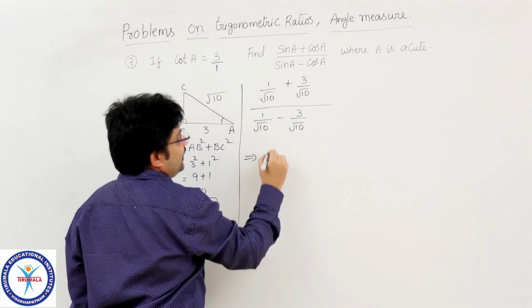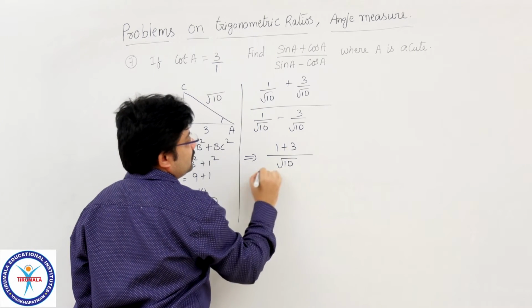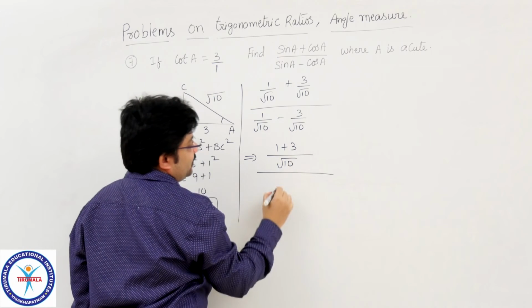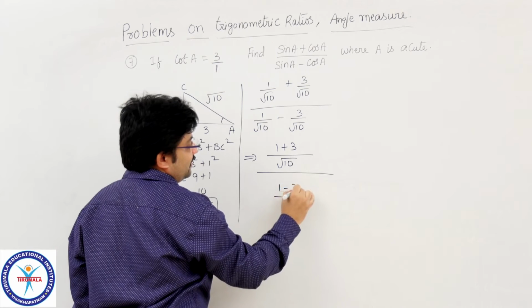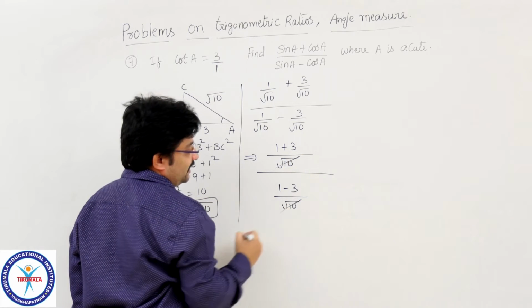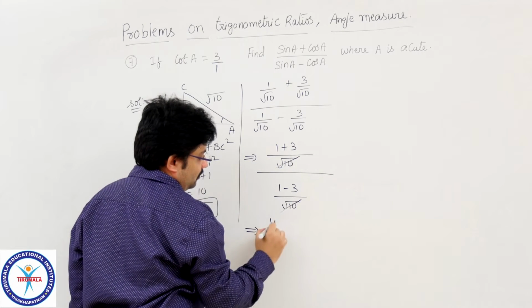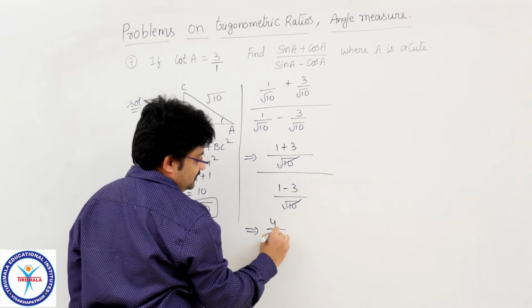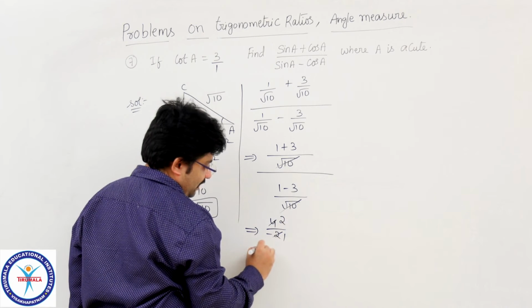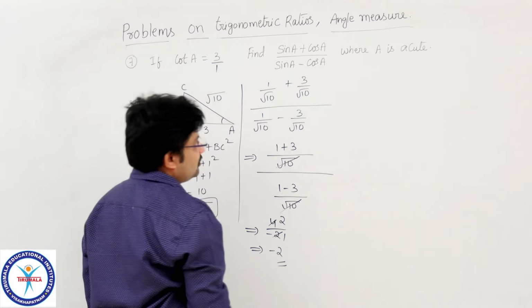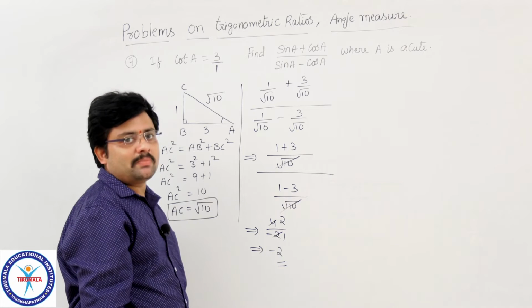The LCM is root 10 in both numerator and denominator, so it becomes 1 plus 3 by 1 minus 3, and root 10 cancels. What remains is 4 by minus 2, which is 2 by minus 1, that is minus 2. So the value of sin A plus cos A by sin A minus cos A is minus 2.